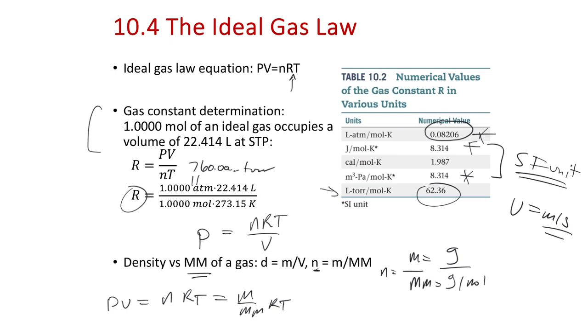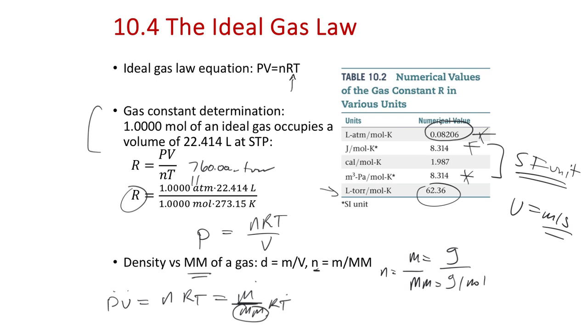If you look at the equation, PV equals m over molar mass times RT, we have 1, 2, 3, 4, 5 variables. So if I know 4 of those variables, I can solve for the 5th. We'll see a problem of this in a few slides, but if you know the mass in a container of a certain volume at a certain temperature, and you can measure the pressure of the container, we can then calculate the molar mass of the gas.